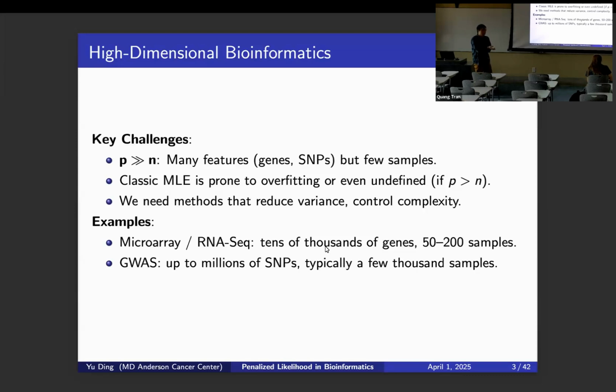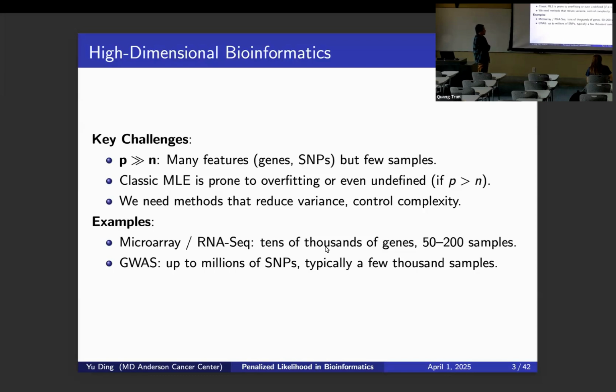The number of features P tends to be hundreds of thousands, but the samples we have are commonly hundreds or tens. This is highly unbalanced, and we call this type of data high-dimensional data.